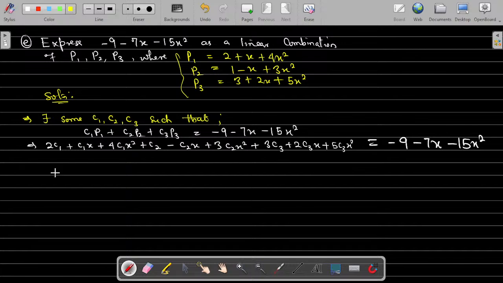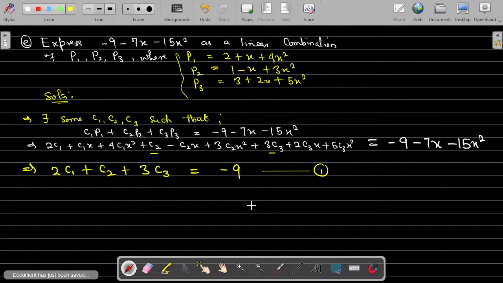We now try to collect like terms, so all the constants should come together. So you have 2c1, then this is another constant, plus c2, then this is another constant, plus 3c3. So all of these should be equal to the constant on the right side. We are now comparing polynomials, and that's equal to -9. So that's how the first equation was gotten. And if you check what we have in our hint on the material, you see that it's exactly this.